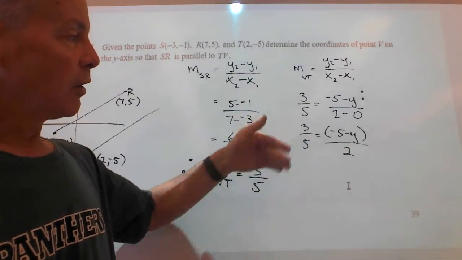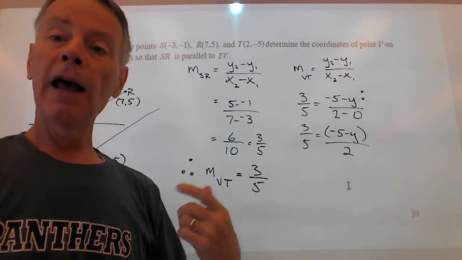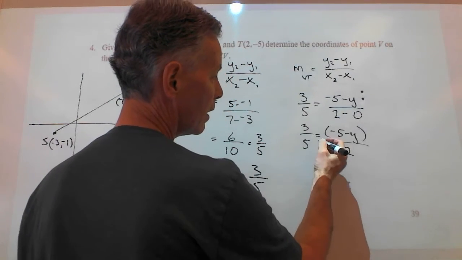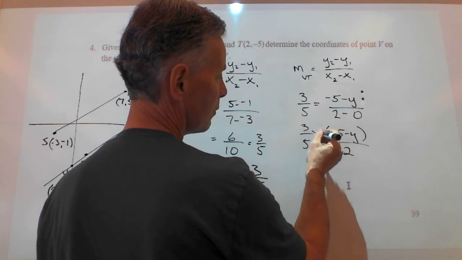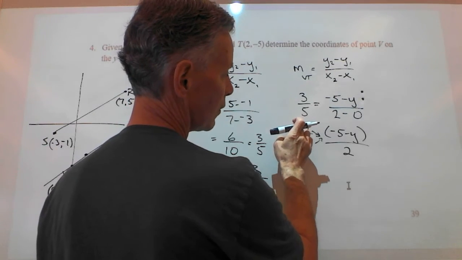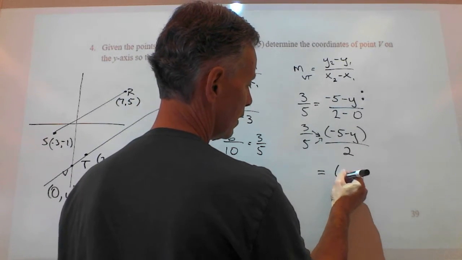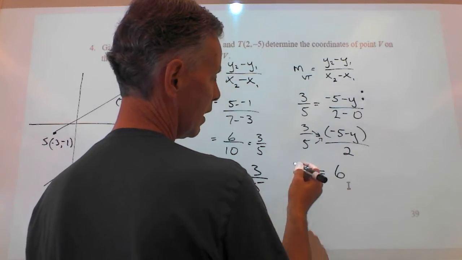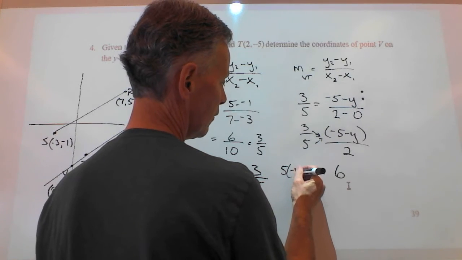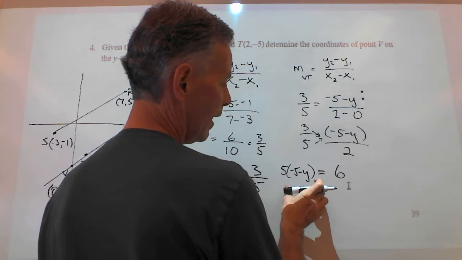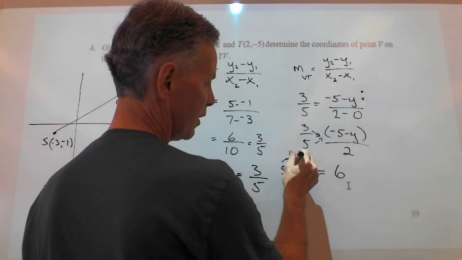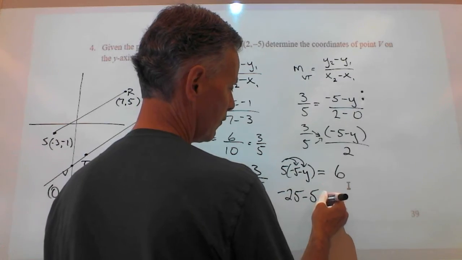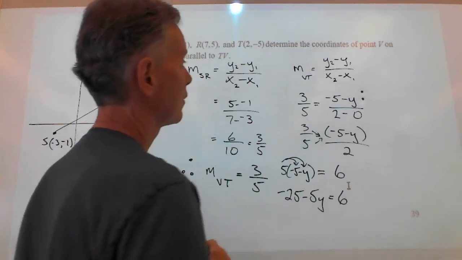You have a fraction on one side, a fraction on the other side, and as we did just a few minutes ago, if we want to find a value for y, all we've got to do is cross multiply. So that gives us 3 times 2 is 6. 5 times negative 5 minus y. And then we can simplify this by distributing the 5 over both. That'll give us negative 25 minus 5y equals 6.